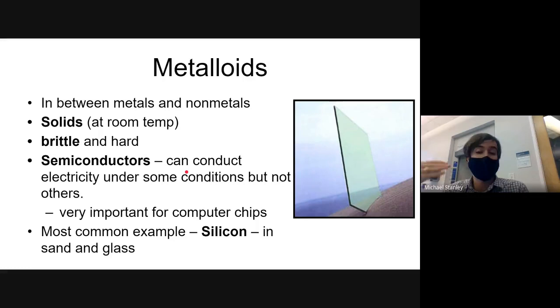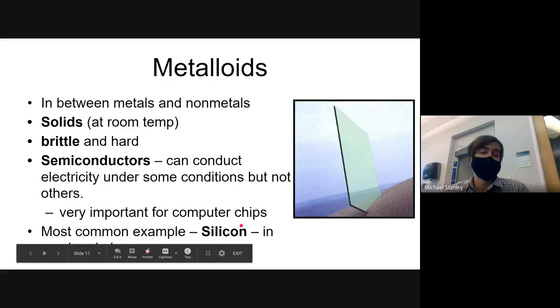They can be very, very good at conducting electricity, but it has to be under a specific set of circumstances. So a lot of computer chips are semiconductors because they're extremely good at moving those electrical signals in your computer around very well. But when scientists are designing semiconductors, they have to make sure that they fall into those certain categories. Otherwise, they're not going to work.